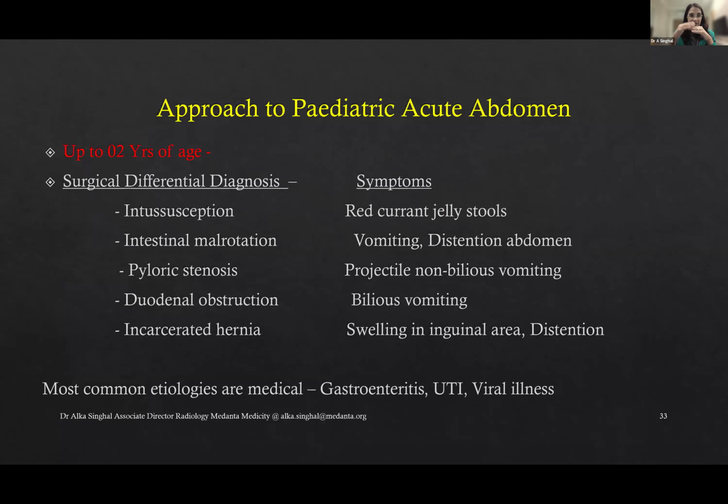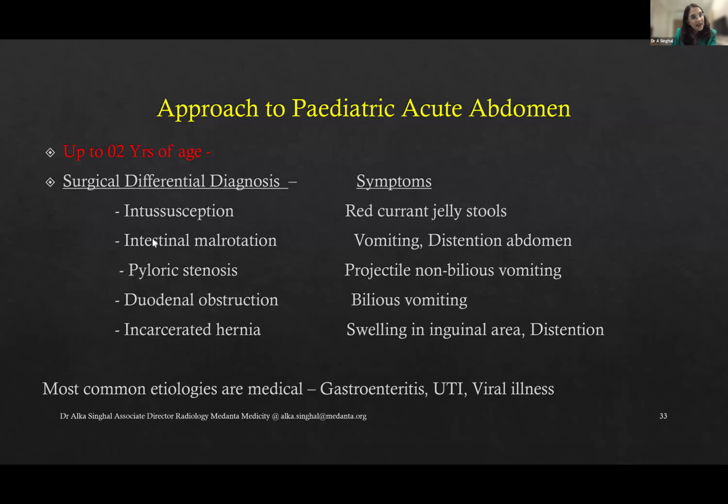Depending on the age of the child, you would think of the differentials in the diagnosis, right? So the approach to a pediatric acute abdomen for 0 to 2 years of age, the surgical differential diagnoses are intussusception, malrotation, pyloric stenosis, duodenal obstruction, and incarcerated hernia.